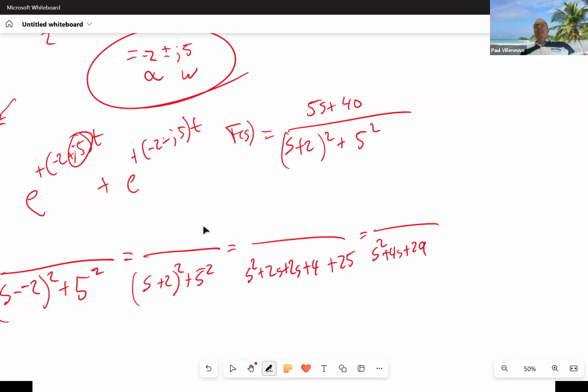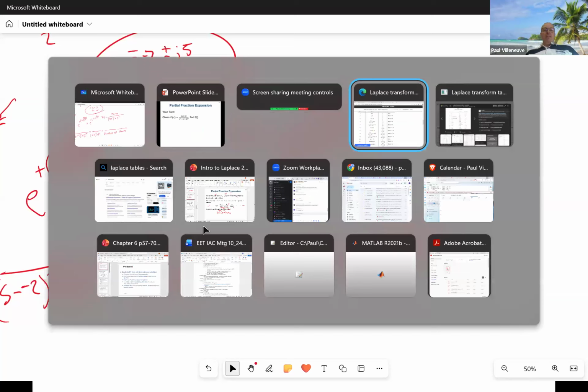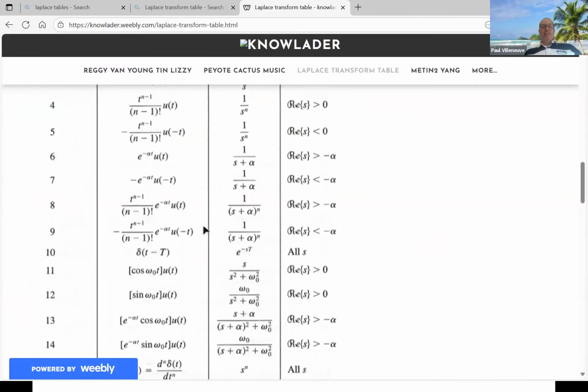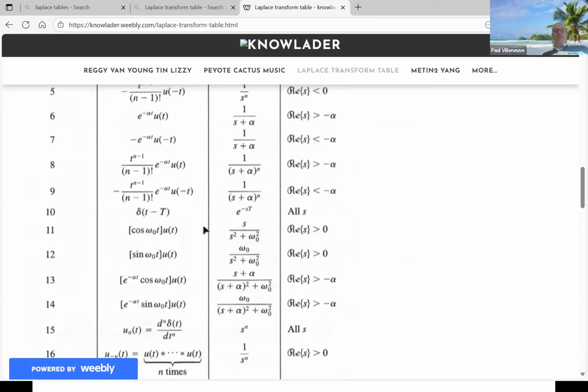Now I'm going to look at my Laplace table and see if there's anything that is remotely like this. Do I have any functions that have an s plus alpha squared plus omega squared? Let's see. Oh boy. I see s plus alpha squared plus omega squared in two spots: item 13 and item 14, right?